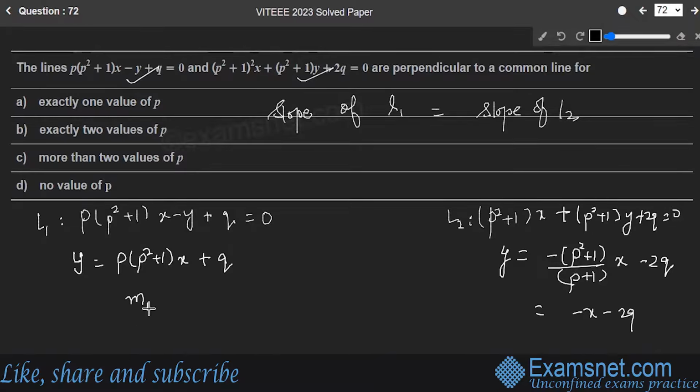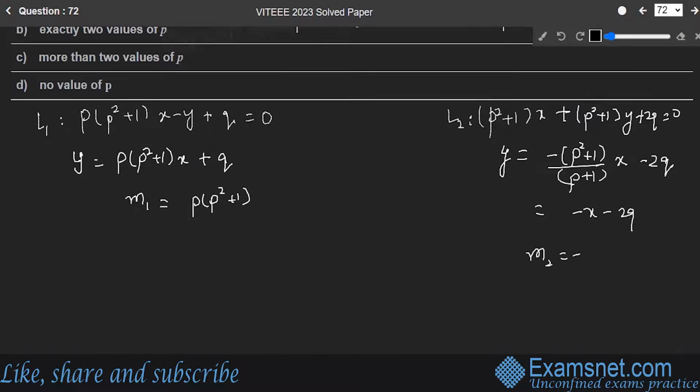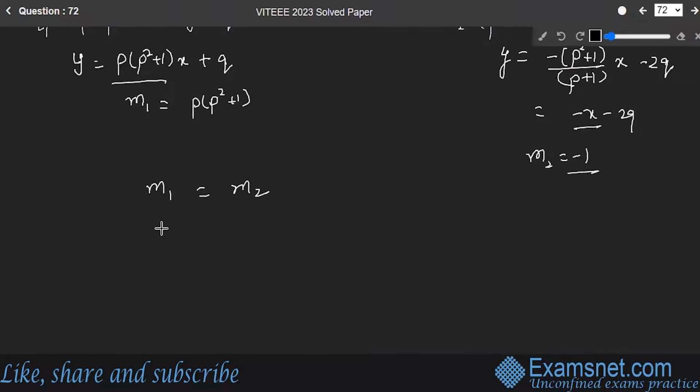So here the slope m1 is given by p into p square plus 1, and here the slope m2 is equal to minus 1, the coefficient of x, right? Now, according to the question, the slopes are equal. So therefore you have p square plus 1 into p is equal to minus 1.